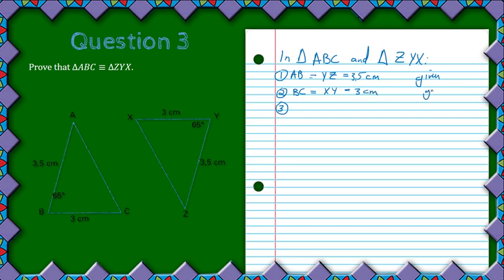It's given. And then finally we have that angle B is equal to angle Y, which is equal to 65 degrees. That's also given.